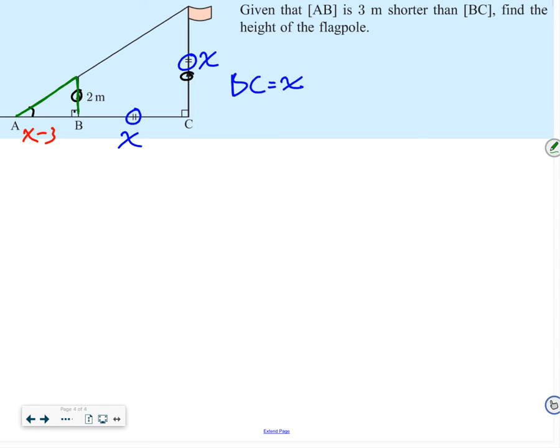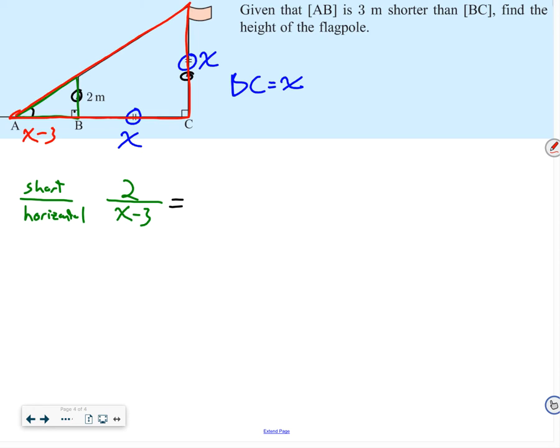so this small triangle, I have a short side, which is my vertical side, and my horizontal side. Okay, for my small triangle, my short side is 2, and my horizontal is x minus 3. So because they're similar triangles, that needs to be equal to the same ratio of my large triangle.